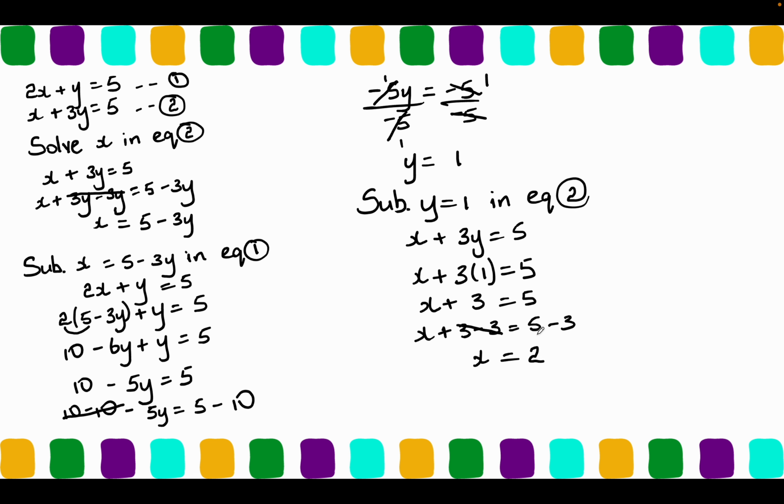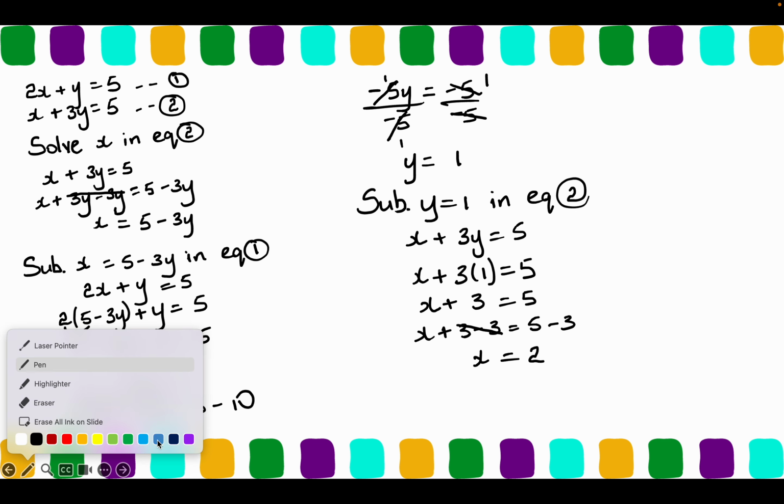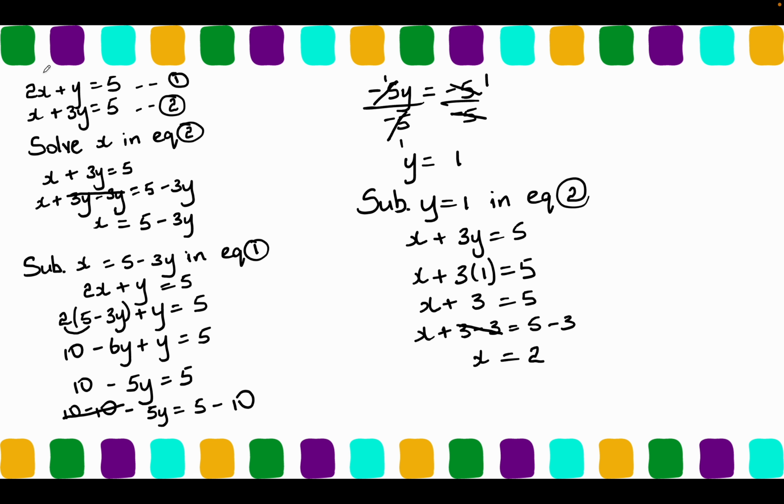And we can go back and check our answer. So you can check x is 2 and y is 1 to see if it would solve both equations. Let me change the color so we can see what's happening. So let's put a 2 here and a 1 here, and let's see if it should give us 5.